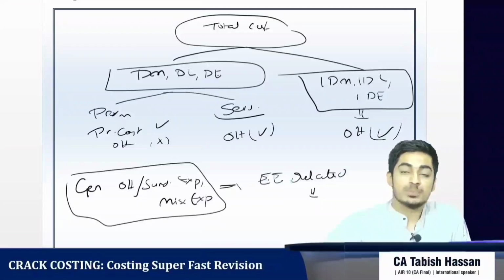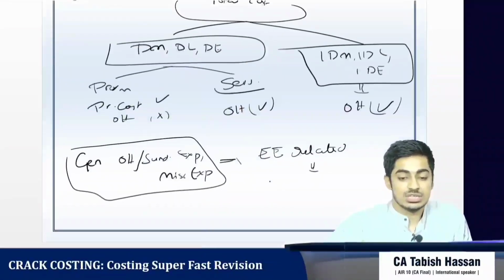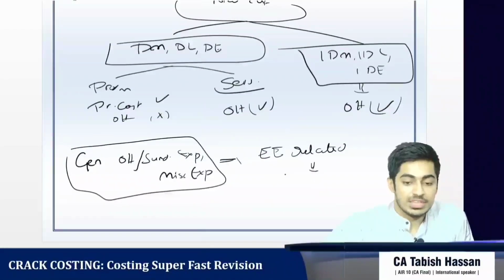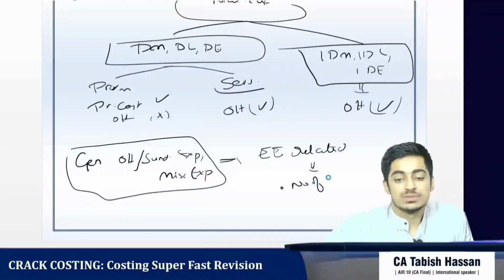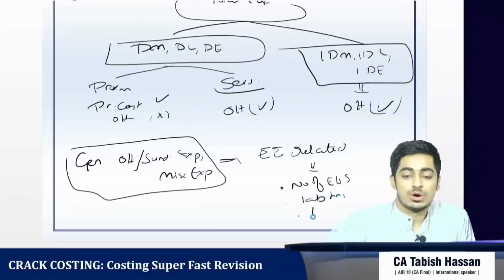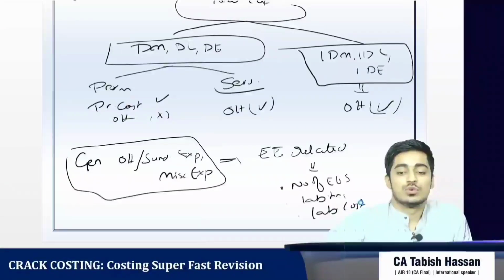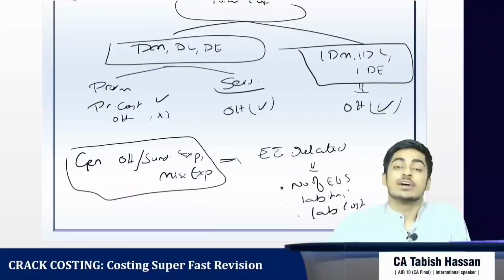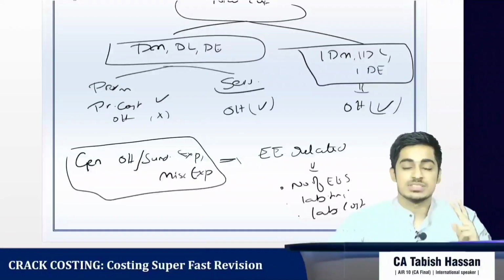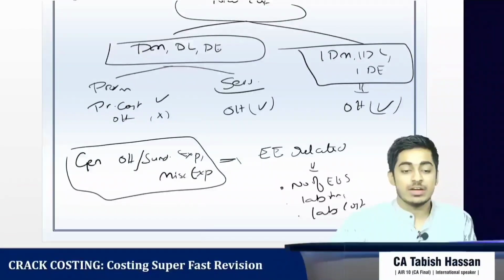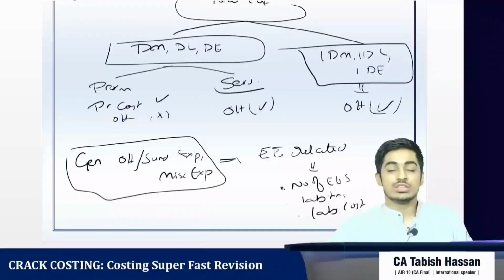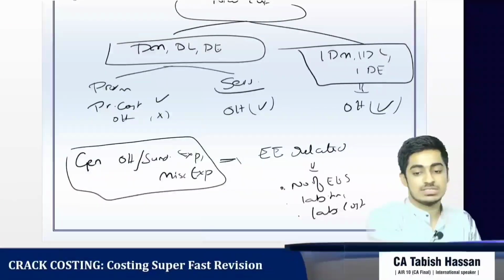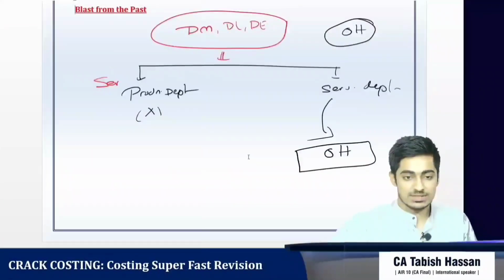So it apportions this cost based on either the number of employees or the labor hours or the labor cost. So if in exam we have general overheads or sundry expenses or miscellaneous expenses and we have to apportion them, you can use the number of employees, labor hours, or labor cost as the basis.